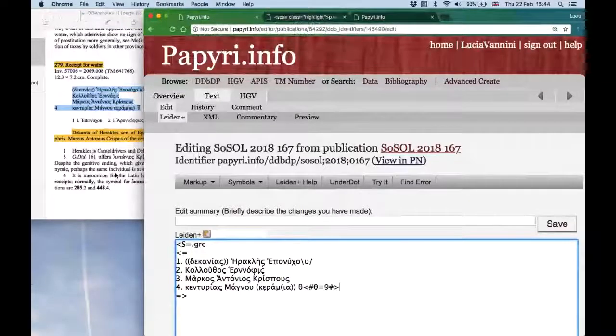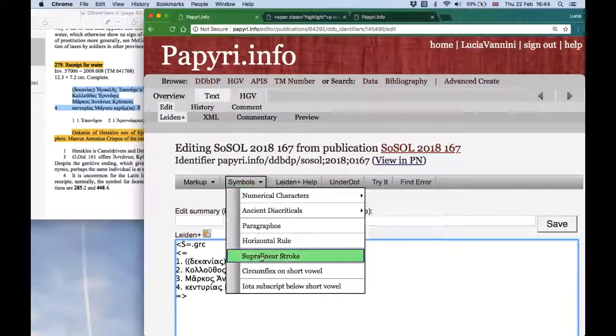Now that the number is correctly encoded, we can add the markup for the dash. We go to symbols and the supralinear stroke.